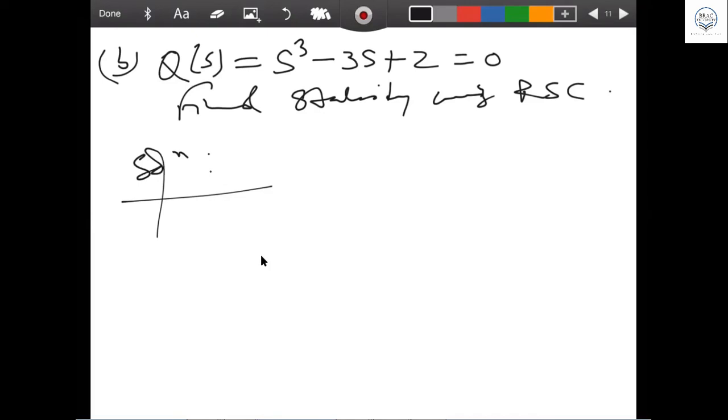Hmm? On the third row. What is the answer?